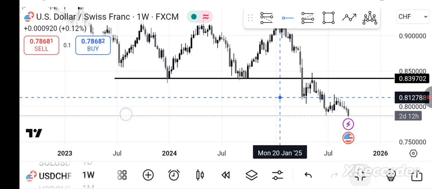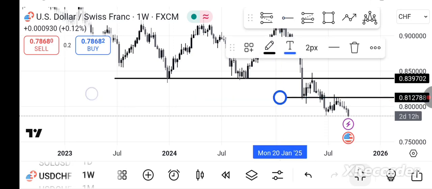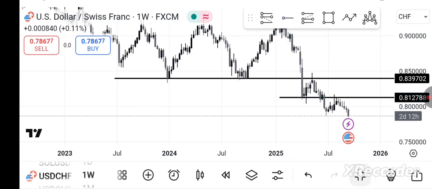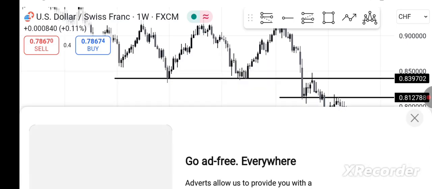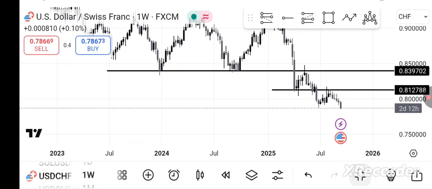The weekly here is on a bearish momentum, right? After you identify the trend of the market as bearish, the other thing that gives me more confidence in taking my trade is that the higher time frames must be in sync, that is, they must be in the same direction.